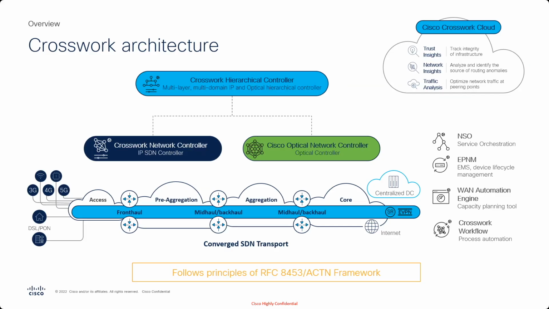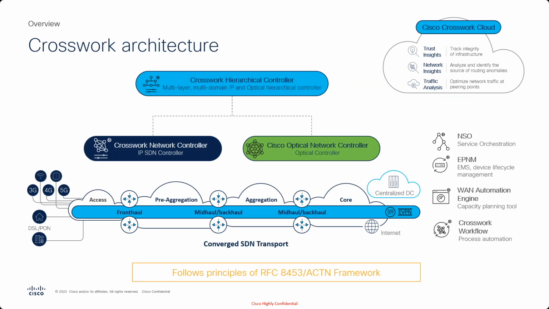And on top, to have the end-to-end visualization, we have the hierarchical controller, which is an upper layer that brings everything together, normalizes the API northbound, and also provides the single pane of glass, a single UI for the user to verify and supervise that everything is working fine.